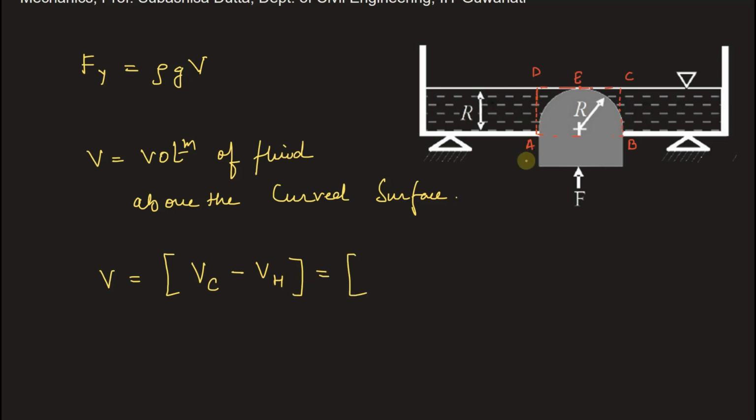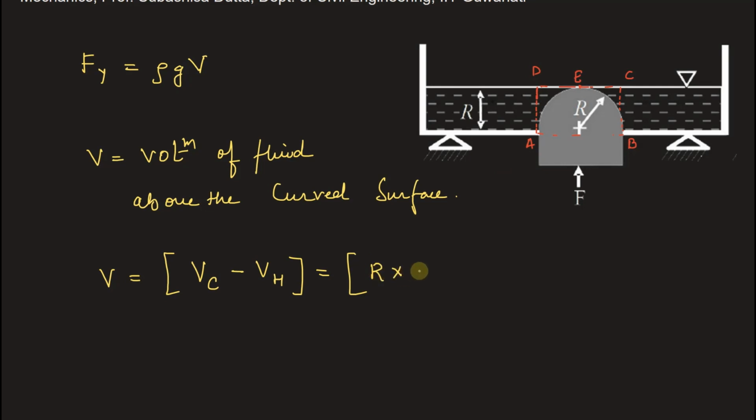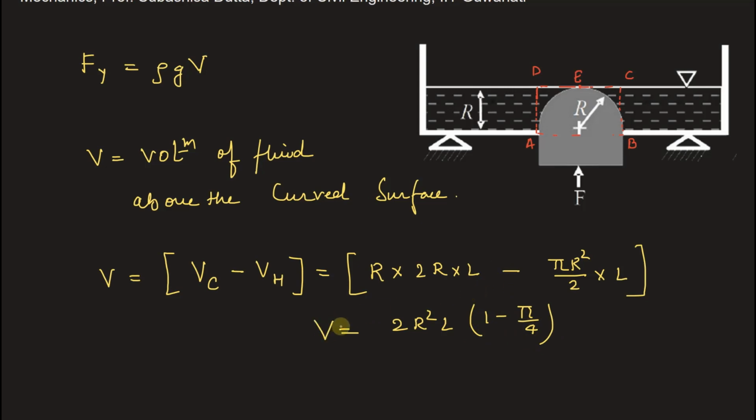The volume of the cube will be height r into 2r into L, because 2r into L is the dimension of the rectangular hole, minus the volume of the hemisphere, which is given in the problem, pi r square by 2 into L. So from here we can write the volume will be 2r square into L into 1 minus pi by 4. This is the required volume to calculate this force, the volume of this section.